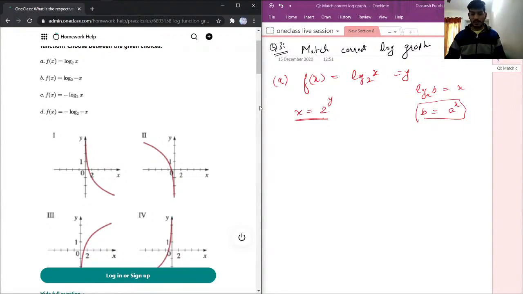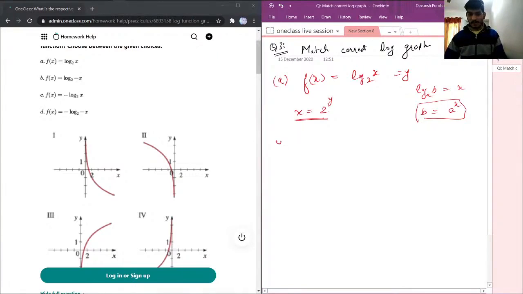Okay, so I will use another approach right now. I'll just convert the base of this log. So y equal to ln of x over ln of 2. I know the value of ln of 2 is 0.693.